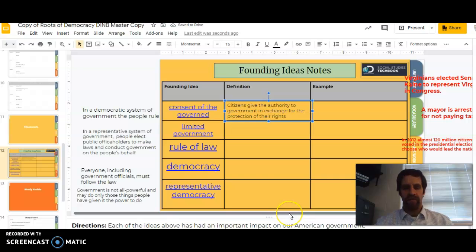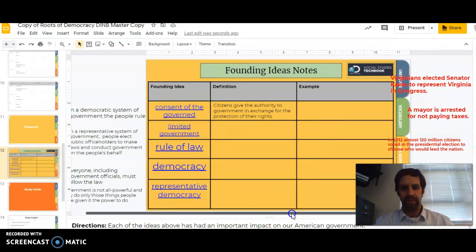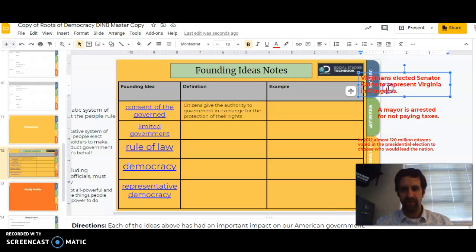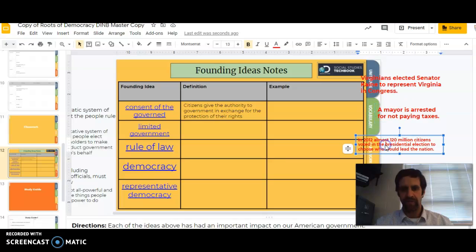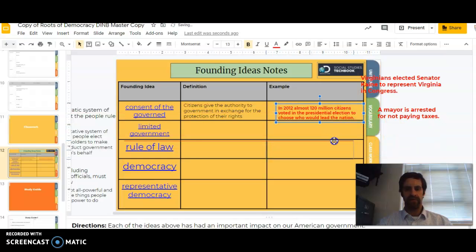Now the second step is to find the example that has to do with consent of the governed. Your examples are written in red text, and there are 5 of them, 1 for each of the terms. You're going to take the term, whichever one you think it is, and drag it to where you think it belongs.